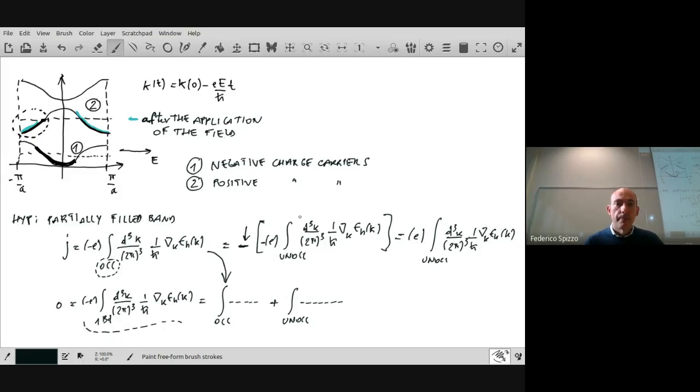So the conclusion is the first term here is the usual integral that we evaluate when we consider the contribution of the electrons that have a negative charge. But the same expression can be evaluated using not occupied levels, but unoccupied levels, supposing that those levels are occupied by charges that have a positive charge equal to plus E. So we have just the equivalency of two different approaches.